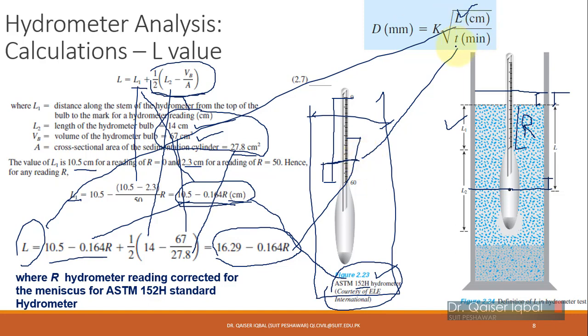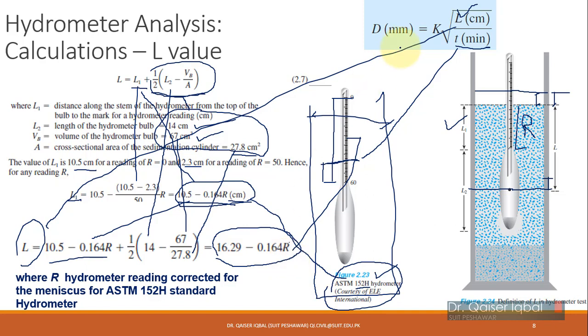At different times you will have different hydrometer readings. You will prepare a table in which you write time in minutes on the left, and then in the next column you write the hydrometer reading, and you will also be recording temperature with that, which you will be using for temperature correction, etc. So this is how you will determine the value of L.